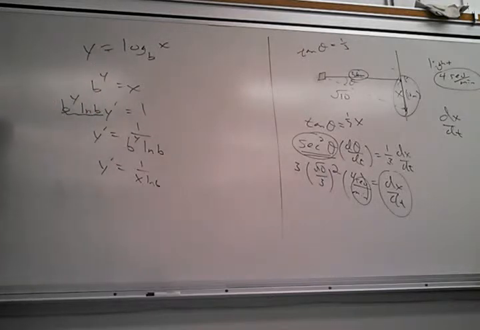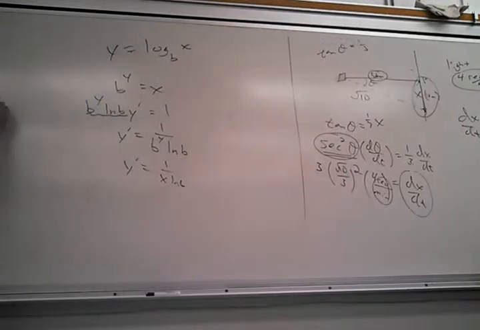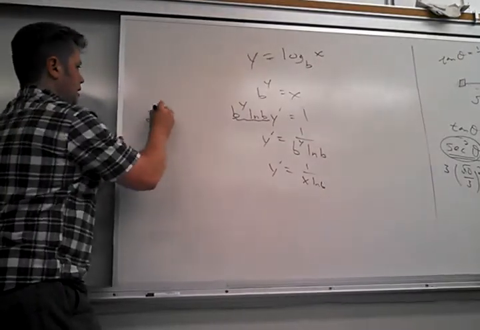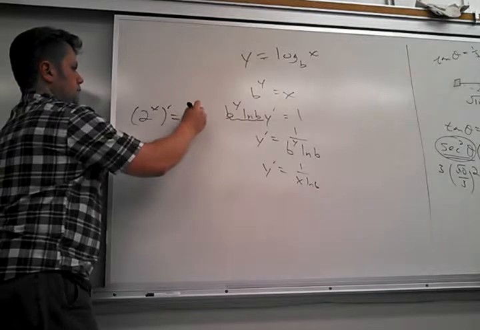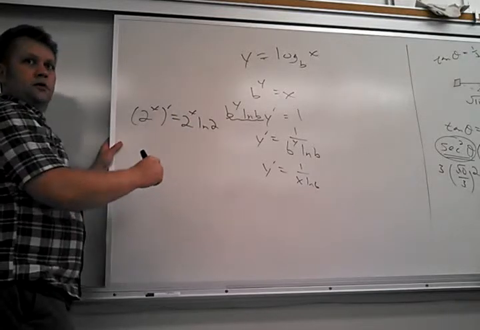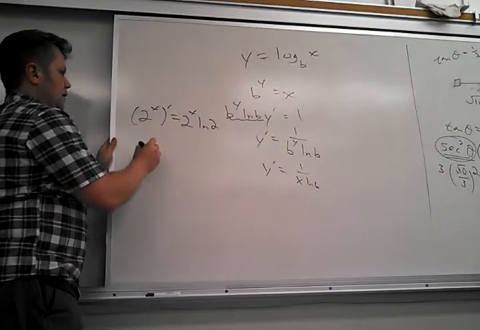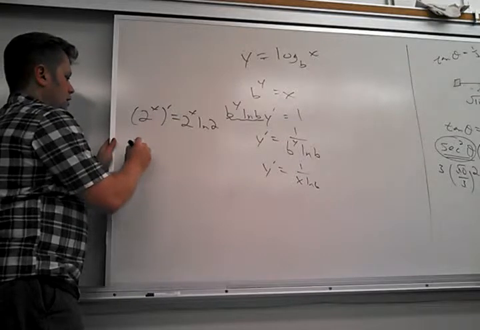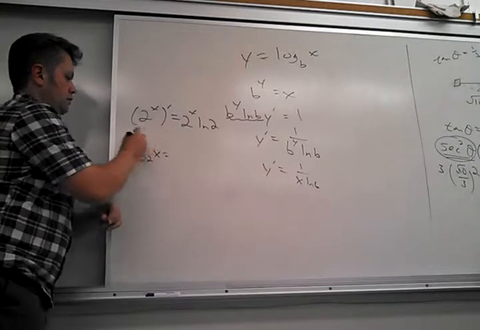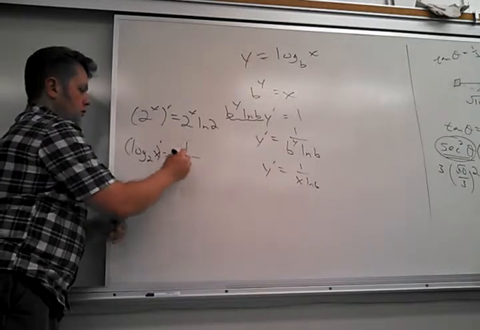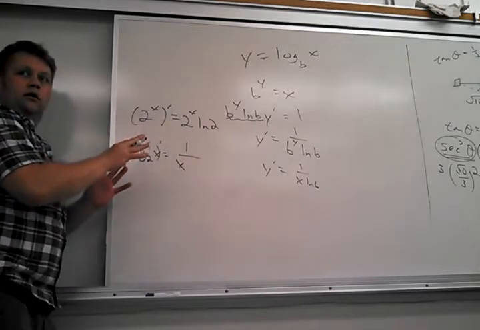So I want you to really see this. If I have 2 to the x, its derivative is what? 2 to the x ln 2. Yeah, ln of 2. If I have log base 2 of x, its derivative will be 1 over x ln 2, that's the derivative of any log.